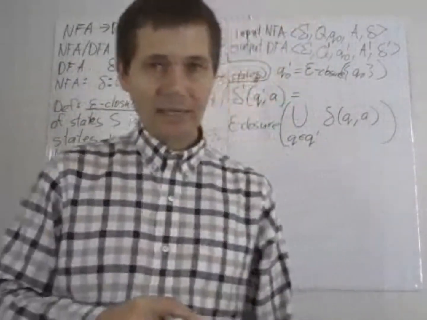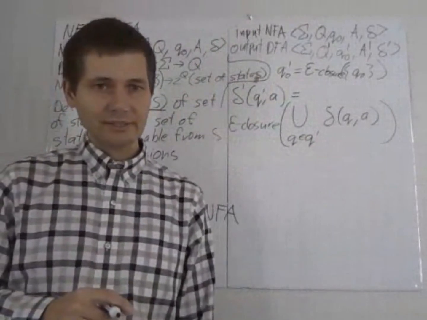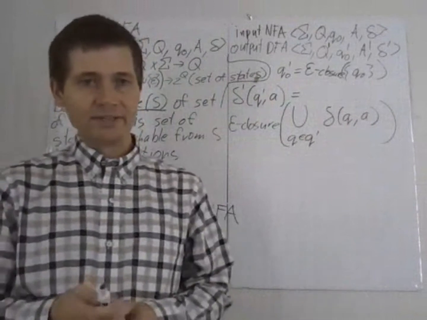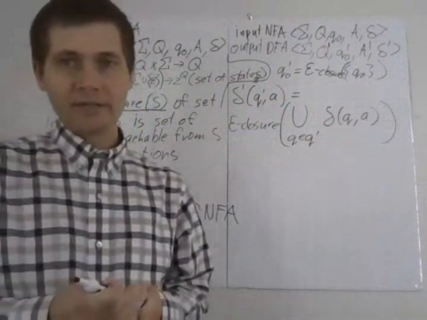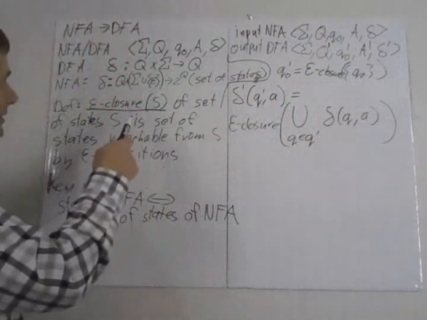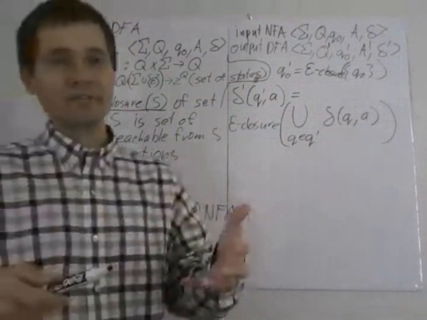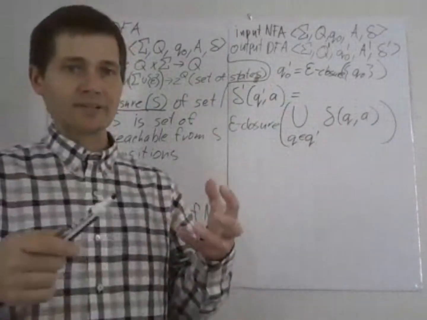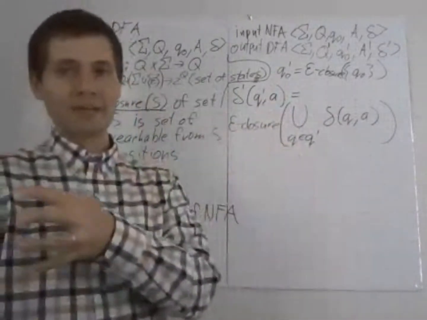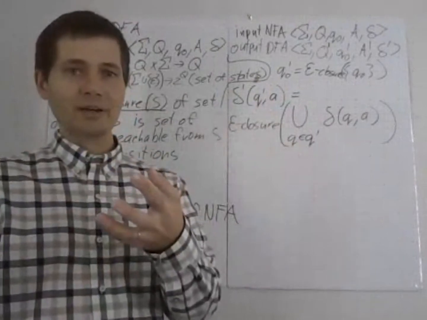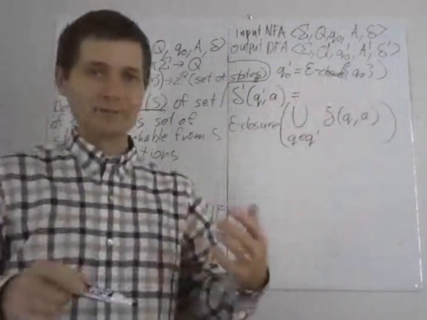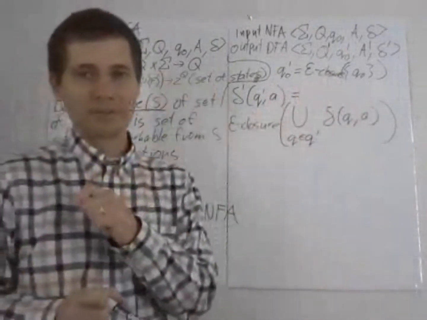Okay, so questions there? So wouldn't the epsilon closure be handled by the NFA's transition function? So not necessarily, no. I mean, it would be if you had first done the transformation from an NFA with epsilon transitions to an NFA without epsilon transitions, because there, presumably you would add extra transitions to make up for the epsilon transition.